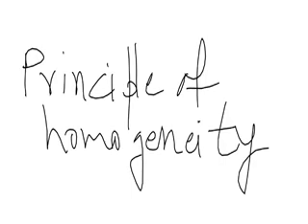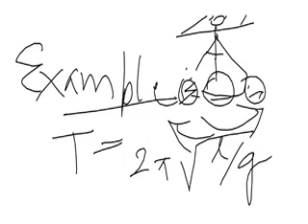Here you can write the next line: the dimension of each term on both sides of an equation must be the same.